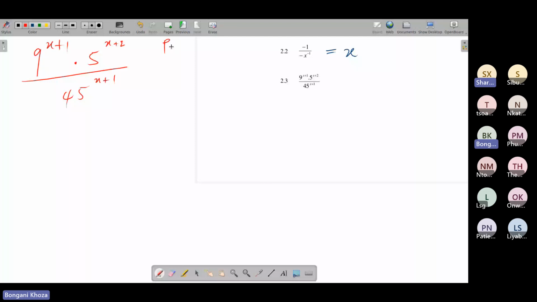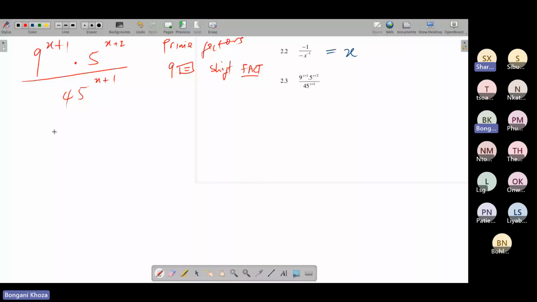So prime factors, remember, you're going to take the number that you're given. So this will be 9. You press equals, and then from there you press shift, and then you look for the button factor on your Casio calculator. And then what do you get for 9? 3 exponent 2. So it's 3 exponent 2. This is 9 to the power x plus 1, like that.